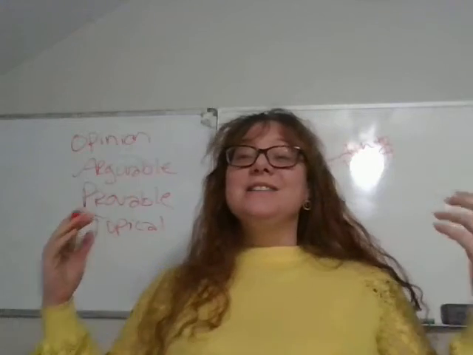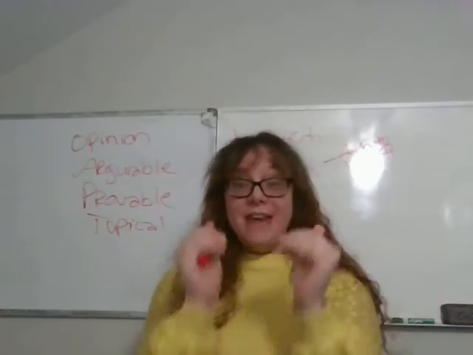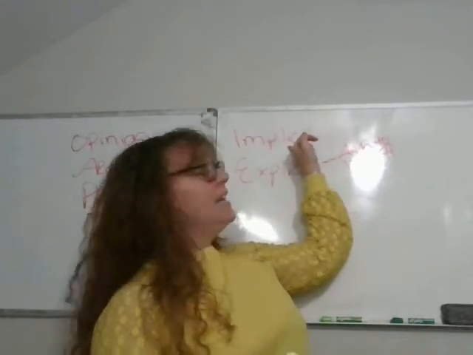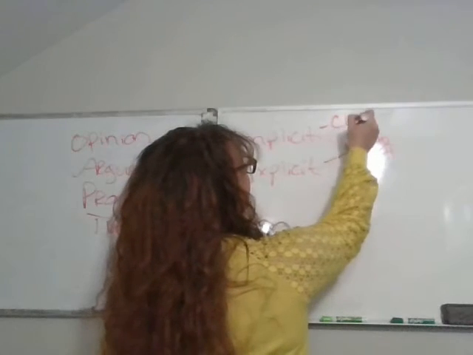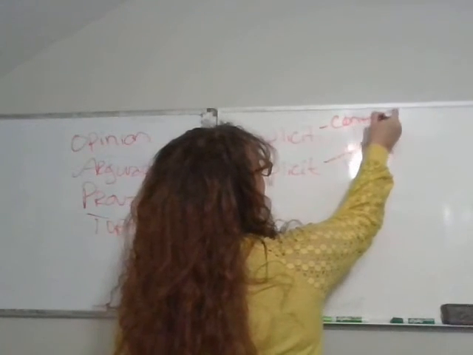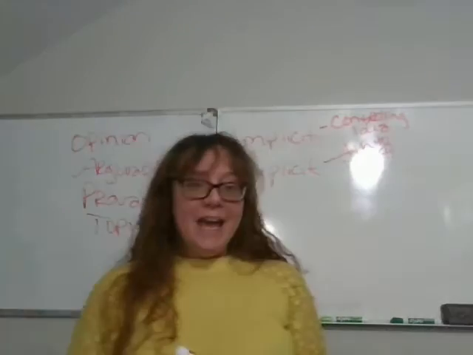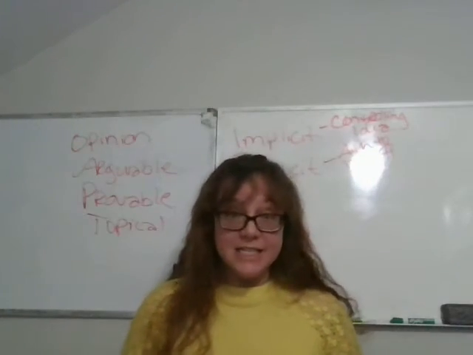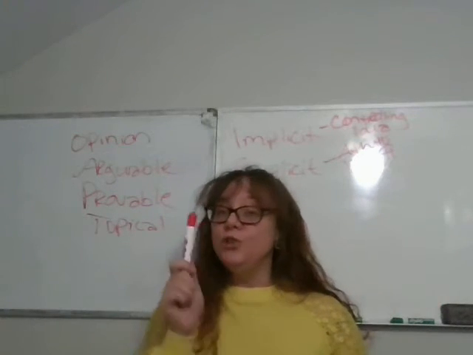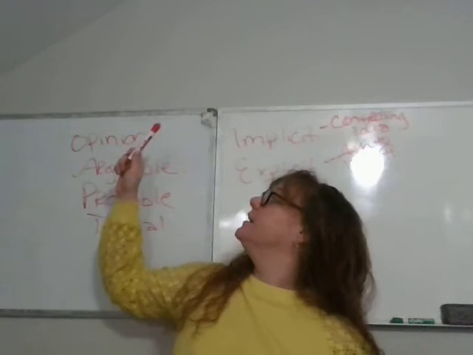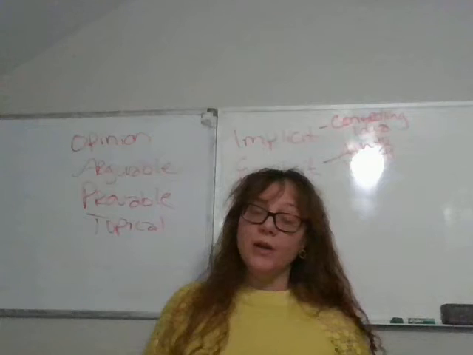Now, some of the other examples that we've read don't even have that sentence. They have instead an implicit thesis sentence, which can also be looked at as a controlling idea. So you can have an implicit thesis, a controlling idea, as long as you can write it out and say that it's opinionated, arguable, provable, topical.